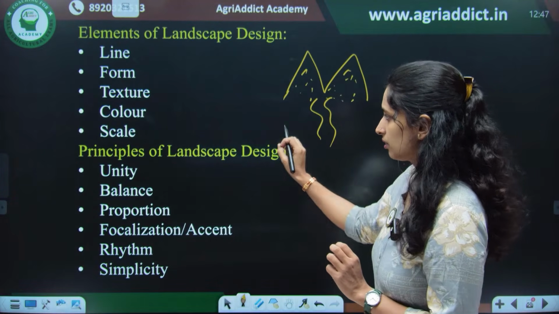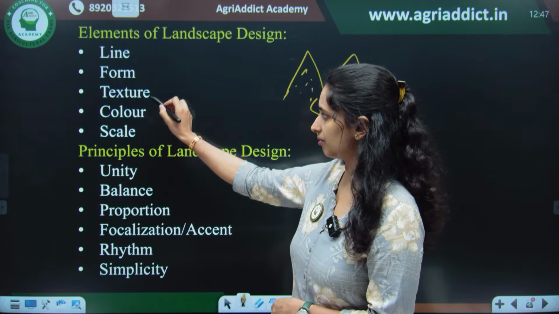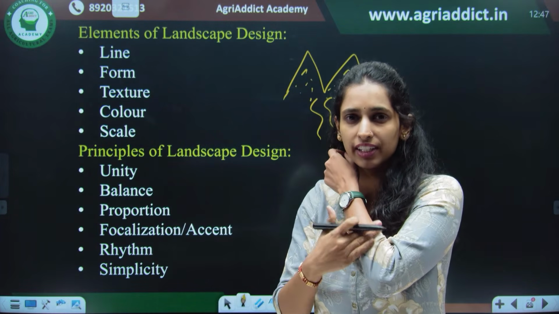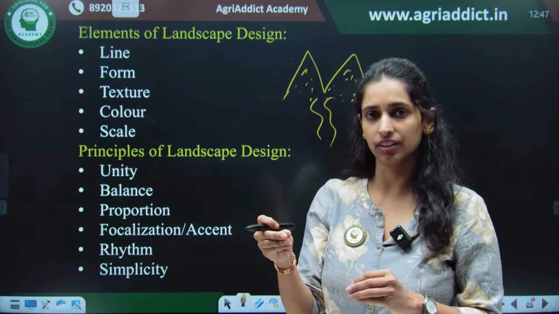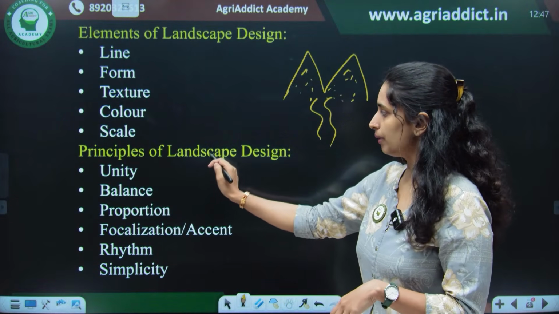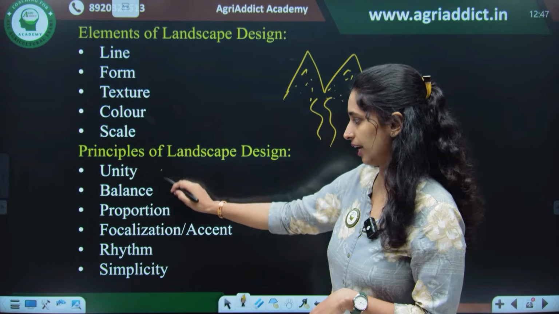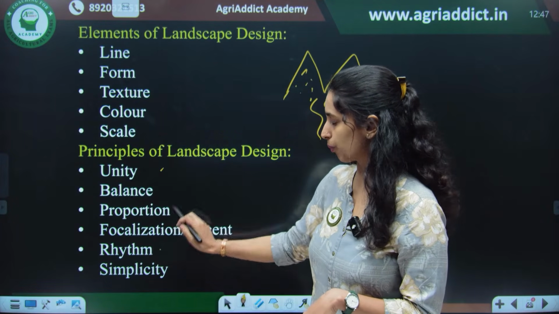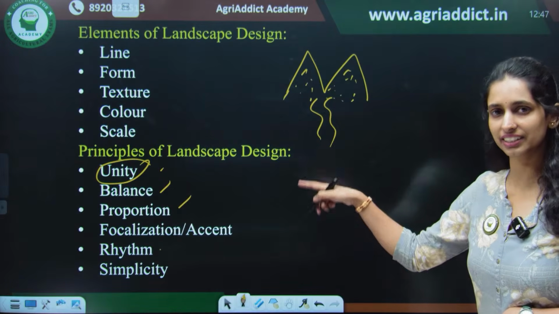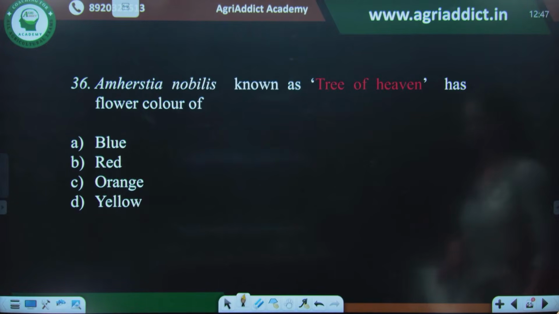These all are measurements. And texture, you can feel how it is, very soft or very rough textured, that is an element. But here you can see principles. As I told, focus, rhythm, proportion, balance, unity. This is an easy trick you can remember.